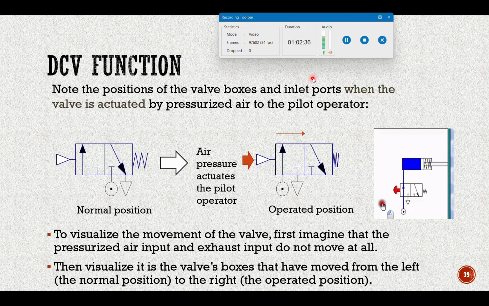First imagine that the pressurized air input and exhaust output do not move at all, and then once we actuate the valve, it would change state to a new one, and then the pressure air would move, and you can imagine how the cylinder would act, either extended or retracted.